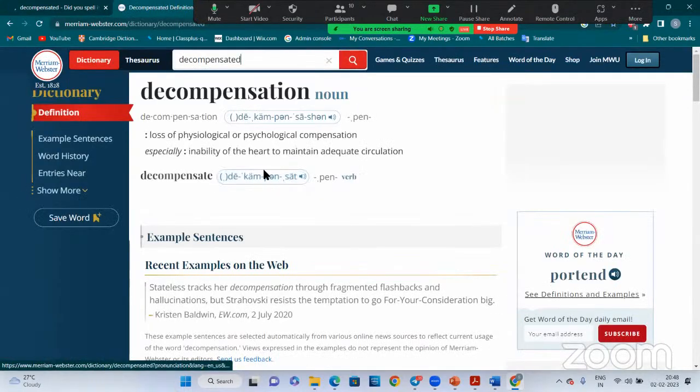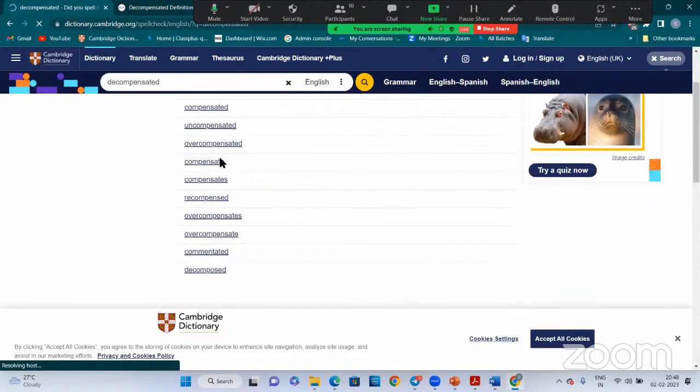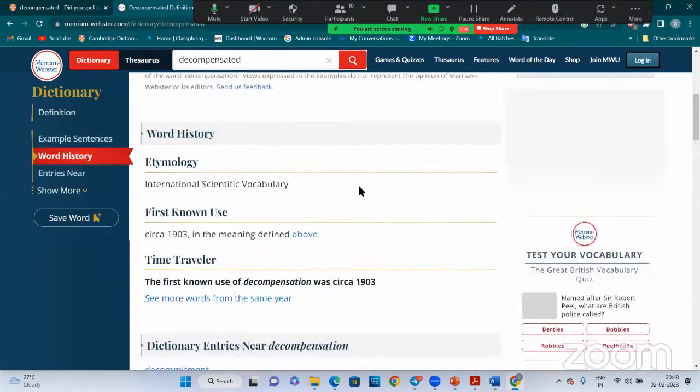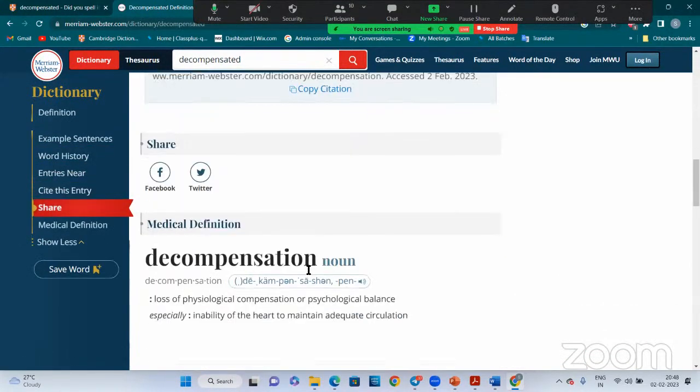So this is the grandfather. Father is not helping, so we are going to the grandfather. And in the father's list, there is no decompensated. Okay. So I went to the grandfather, that is the Merriam-Webster dictionary. So decompensated. What is the meaning of decompensated? Decompensation. A very serious condition. Loss of physiological compensation or physiological balance, that is decompensation.